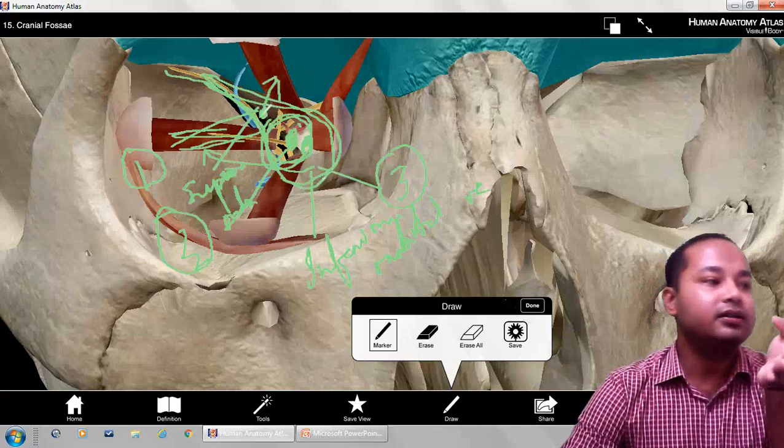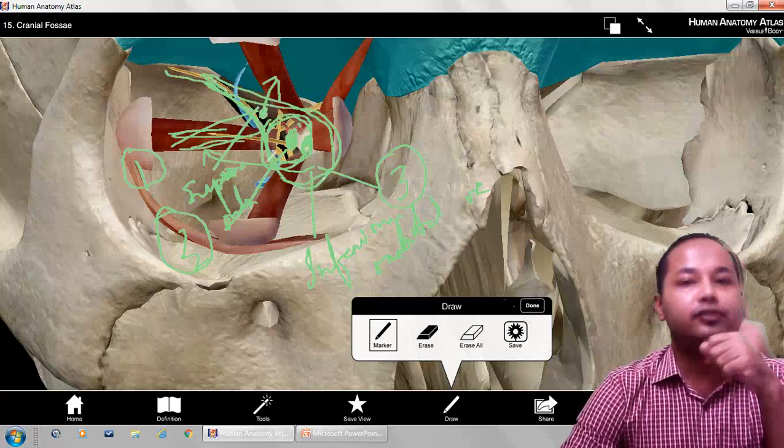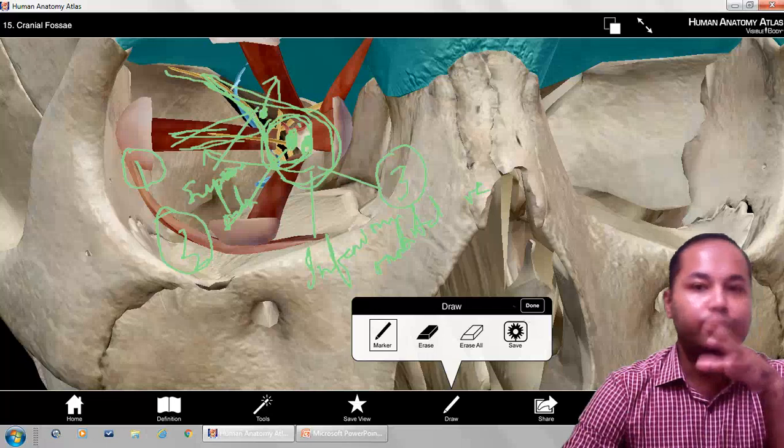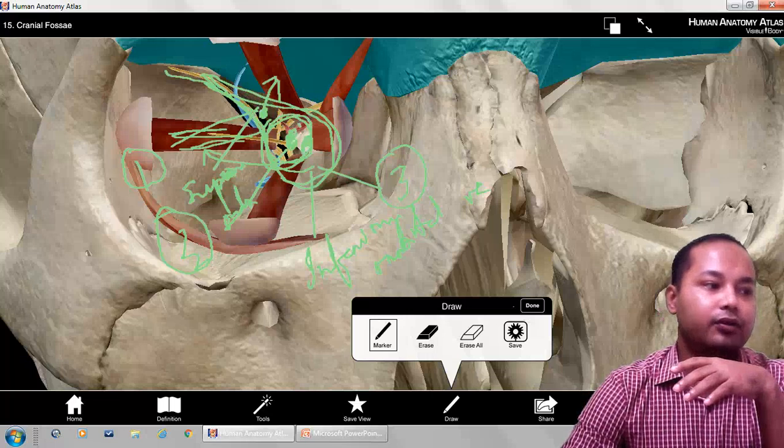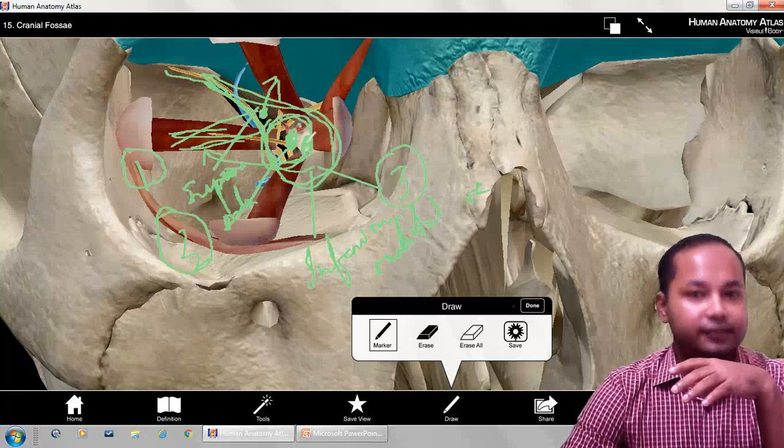Since it is near the lateral most compartment, these nerves go through that. And the middle one is occupied by the oculomotor nerve and also the sixth cranial nerve.